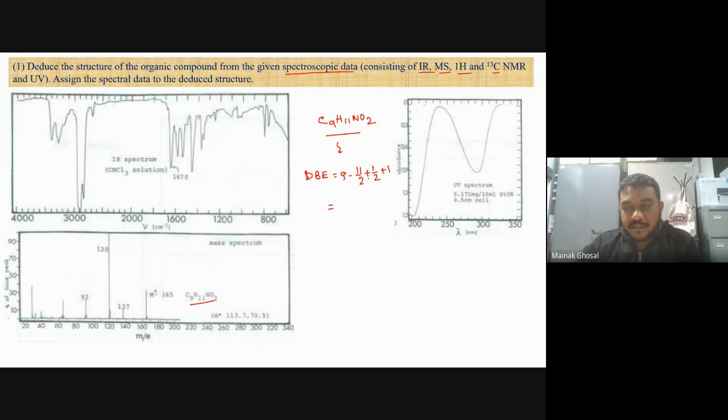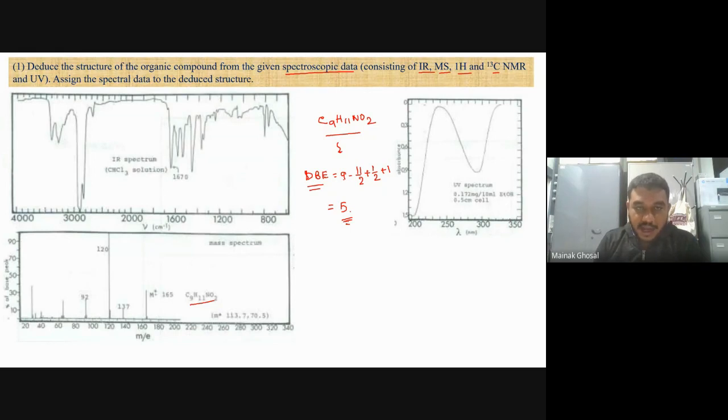This gives 5. So the double bond equivalence is 5. If the double bond equivalence is more than 3 or 4, you can expect an aromatic compound. It may or may not be possible, but you can expect that.